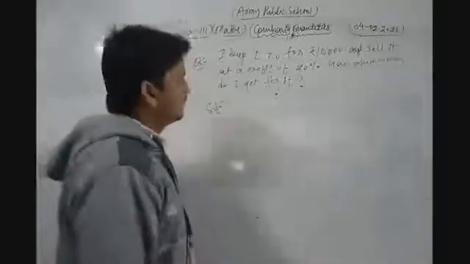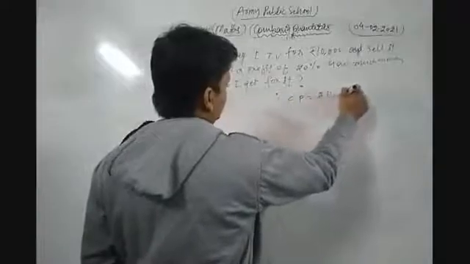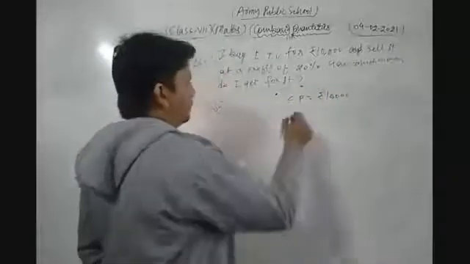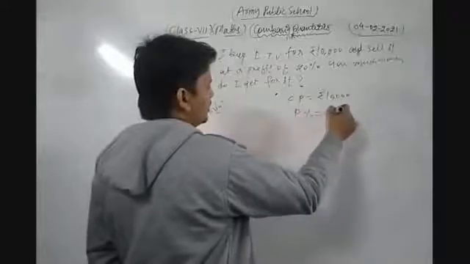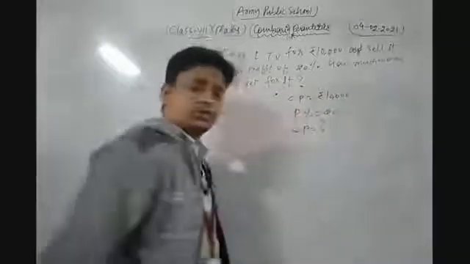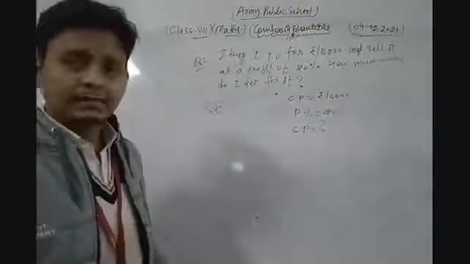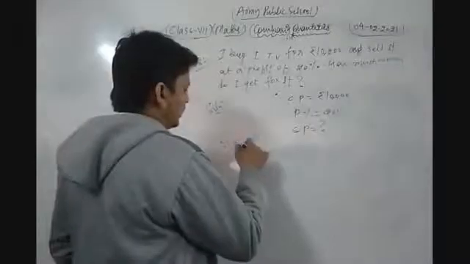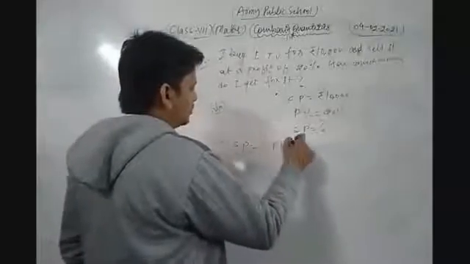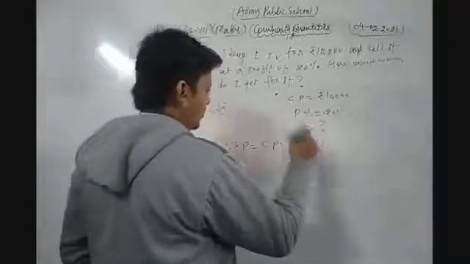In that question, I buy a TV means cost price is given as rupees 10,000. Okay, sell it and the profit percent is given as what? 20%. We find its selling price. Okay, dear students, now I discuss the formula for selling price. Since we know that selling price is equal to cost price into 100 plus profit percent upon 100.